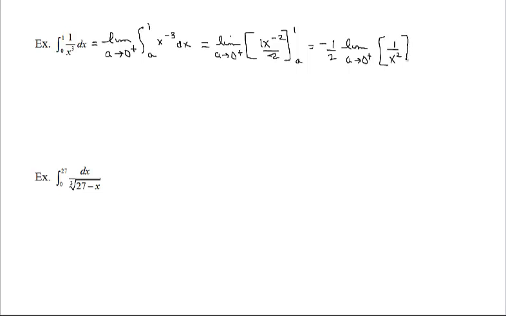I'm not a big fan of negative exponents when having to calculate. Okay, I'm going to come down here since I have the room. Alright, so plugging in 1, I'm going to get 1 over 1 squared, or just 1. Plugging in the lower limit of a, 1 over a squared.